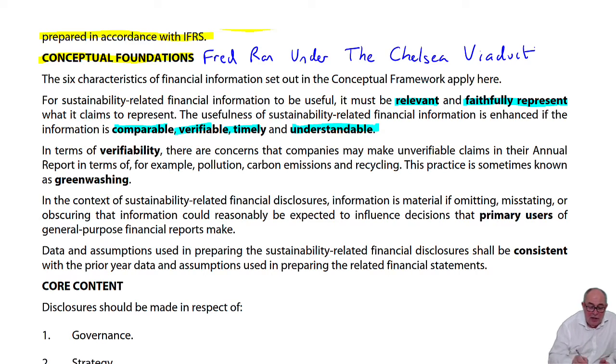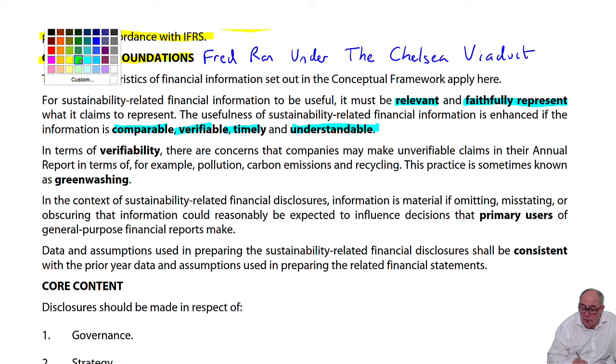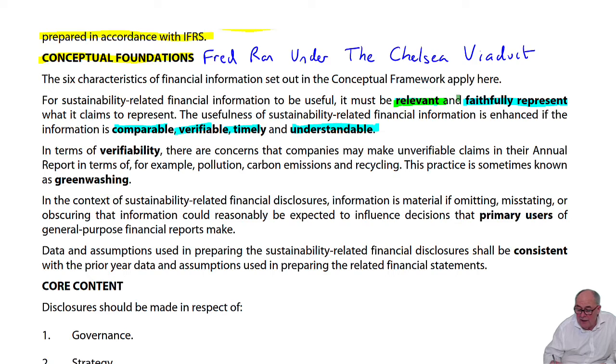As you look at the words though, don't forget that you have this conflict between relevant and faithful representation. Faithful representation is almost historic, isn't it? It's quite easy to faithfully represent things that have happened in the past.